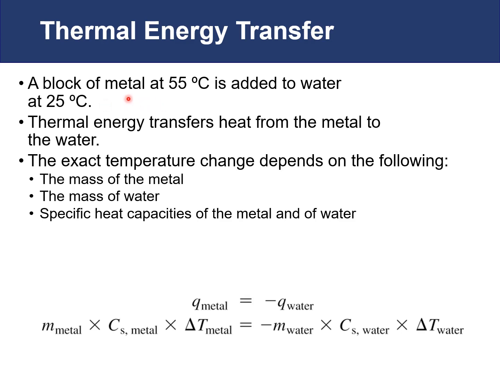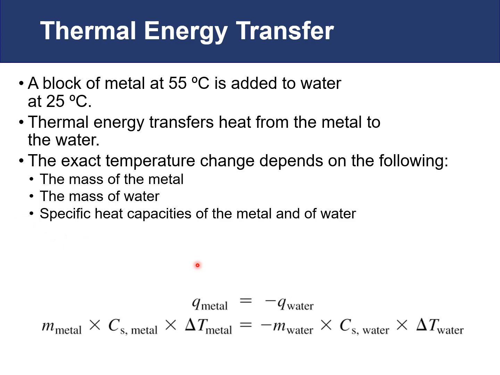Well, the hotter object is the metal, and so it will transfer thermal energy into the water. The thermal energy transfers from the metal to the water, and the exact temperature change depends on the following: the mass of the metal, the mass of the water, and the specific heat capacities of the metal and the water.